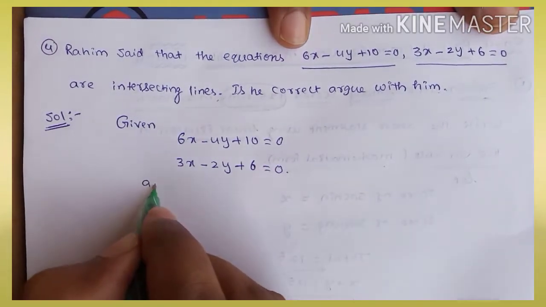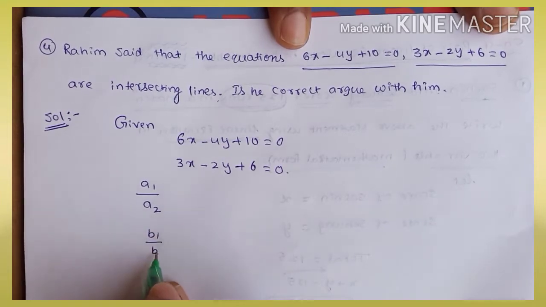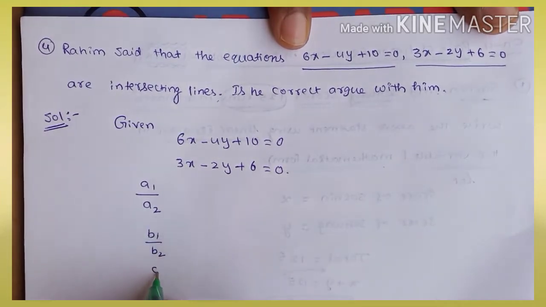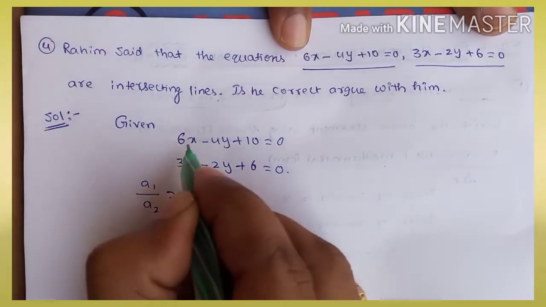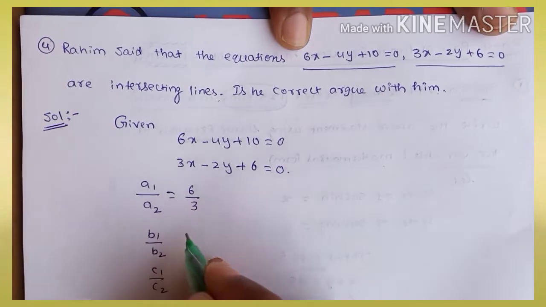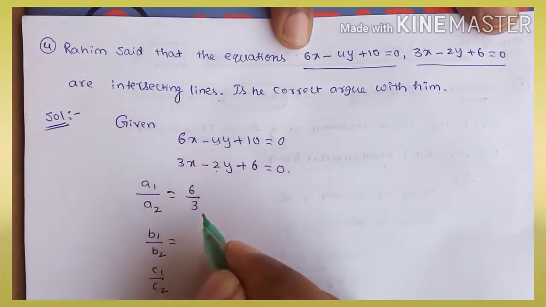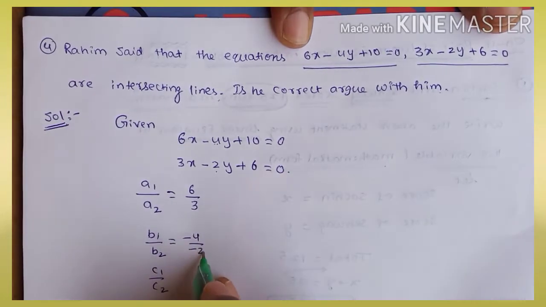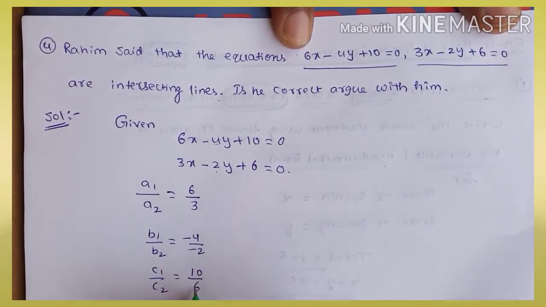We have to check the ratios A1 by A2, B1 by B2 and also C1 by C2. A1 by A2 is equal to 6 by 3. Now B1 by B2 is minus 4 by minus 2, and C1 by C2, the constants, is 10 by 6.